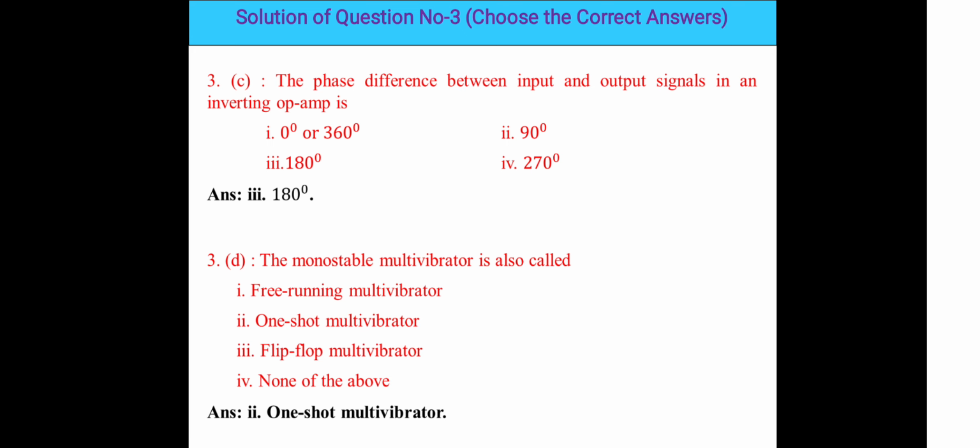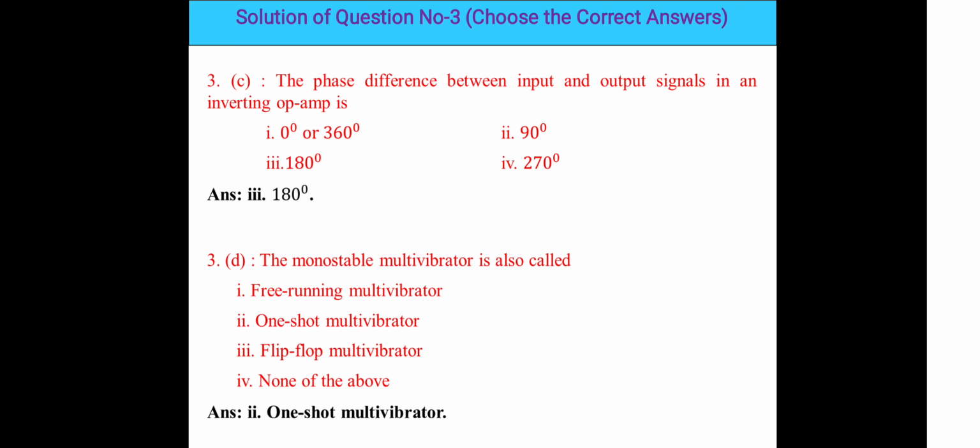Minus sign means 180 degree phase shift. That's why the phase difference between input and output signals of an inverting op-amp is 180 degrees. The monostable multivibrator is also called a one shot multivibrator because mono means one, so one means one shot.